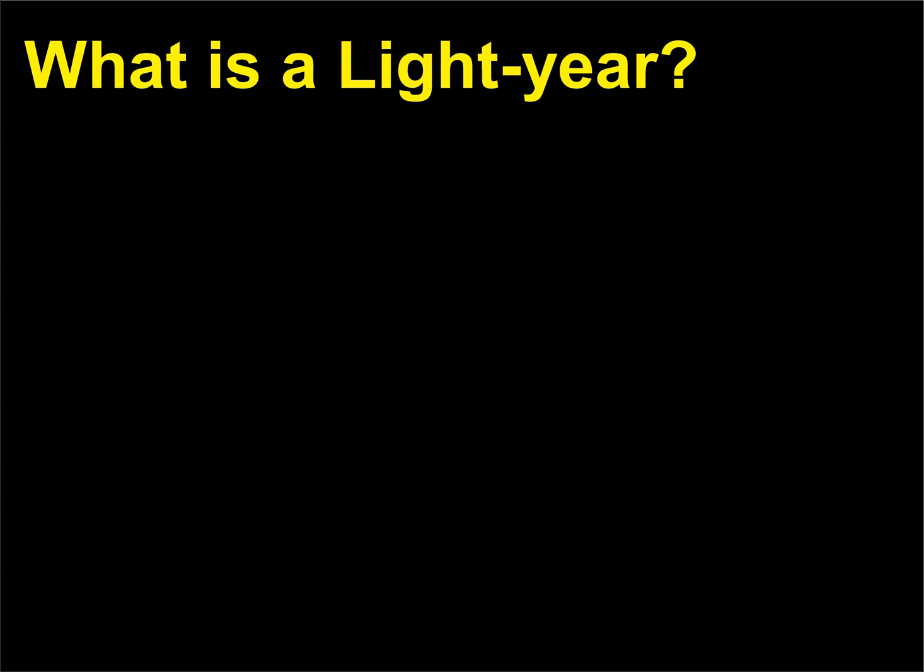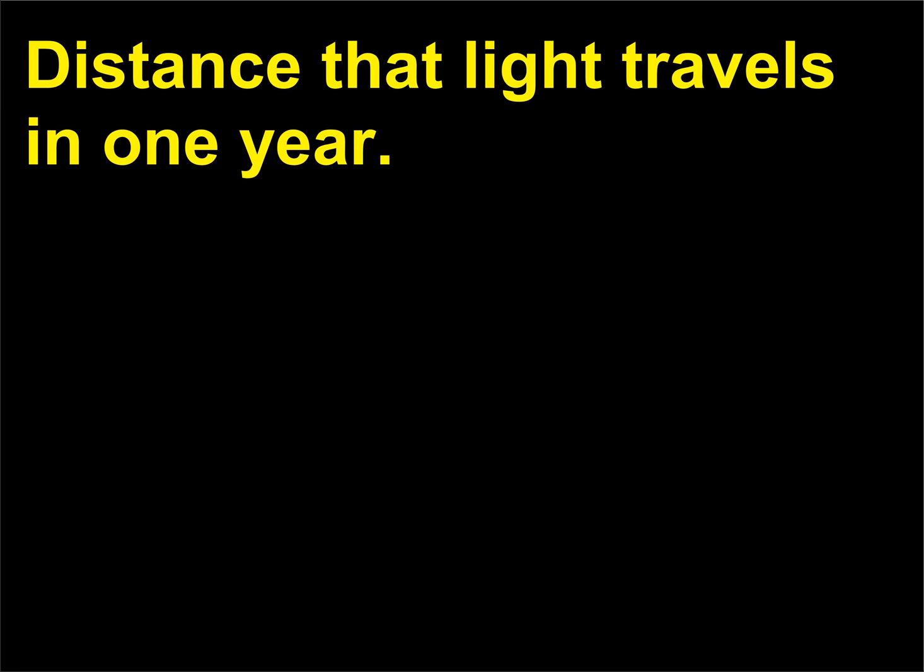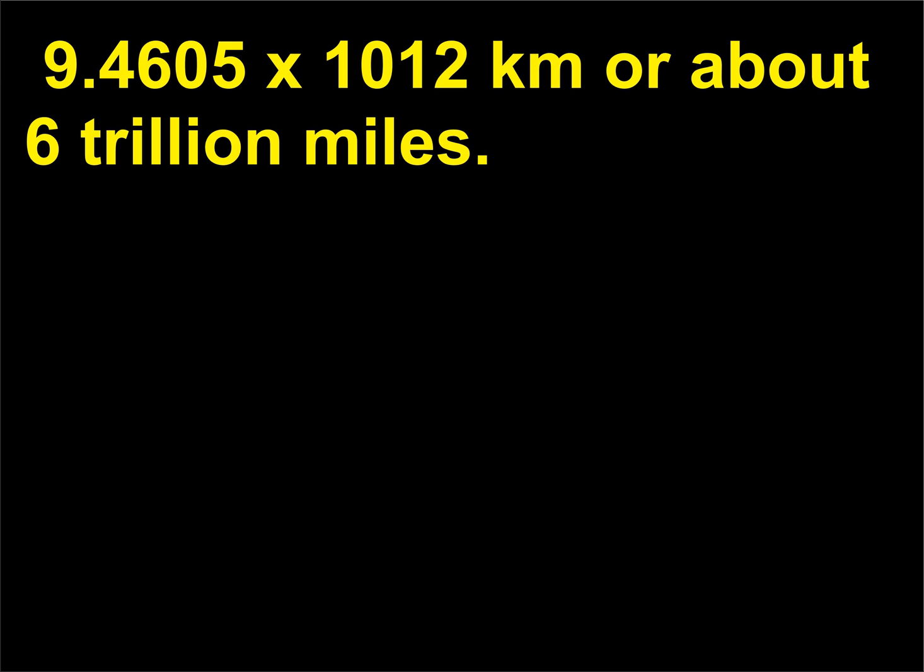What is a light year? The distance that light travels in 1 year: 9.4605 x 10^12 kilometers, or about 6 trillion miles.